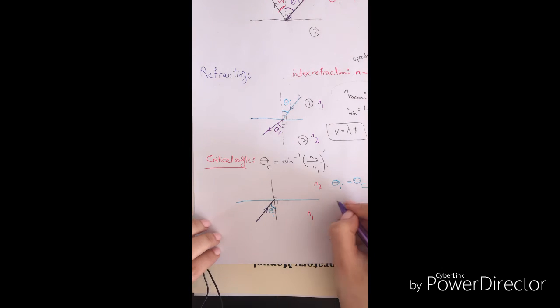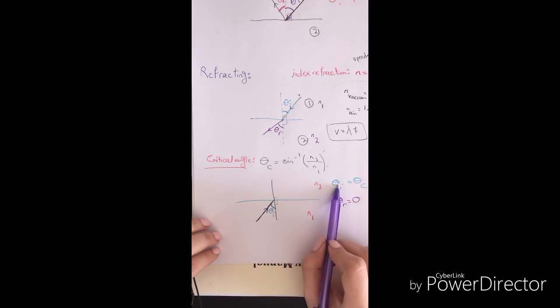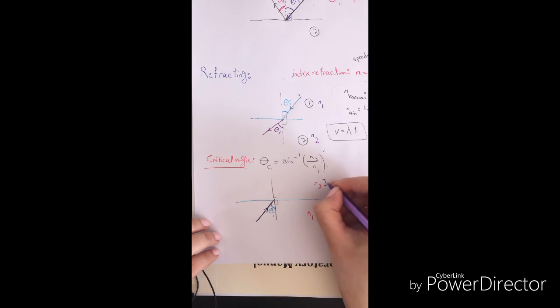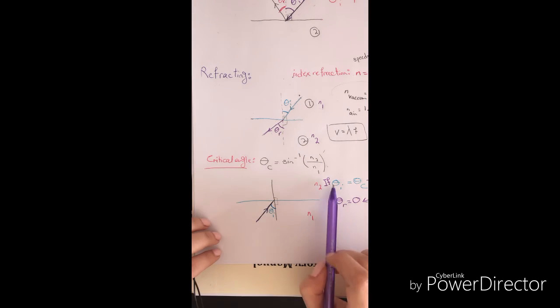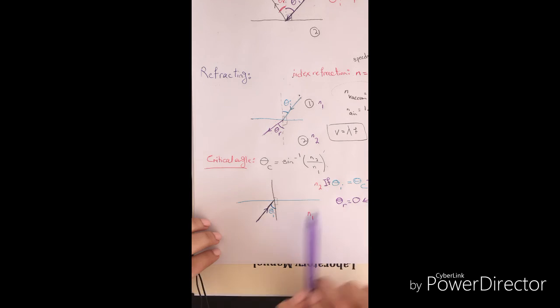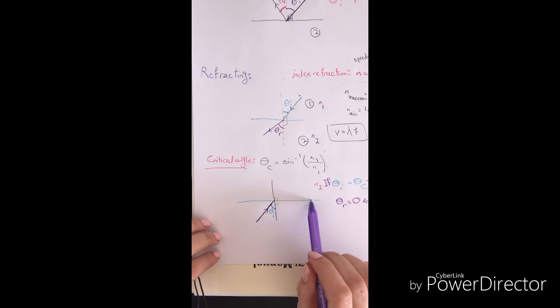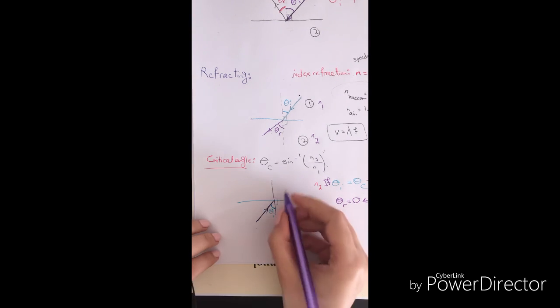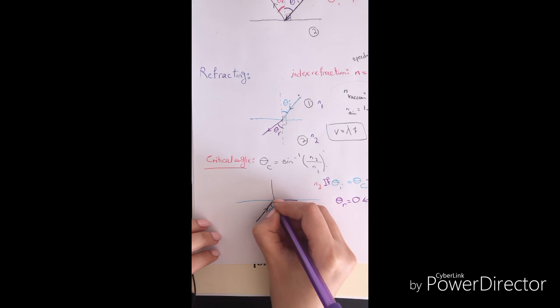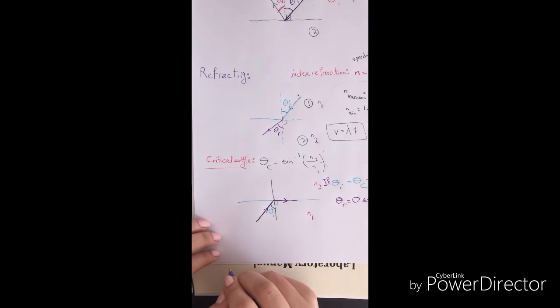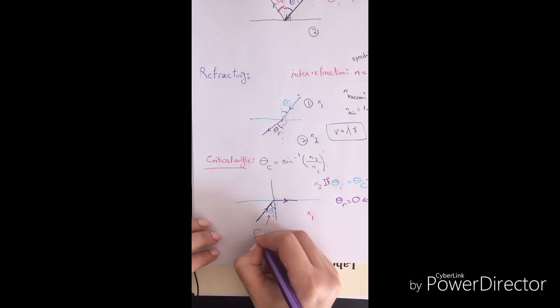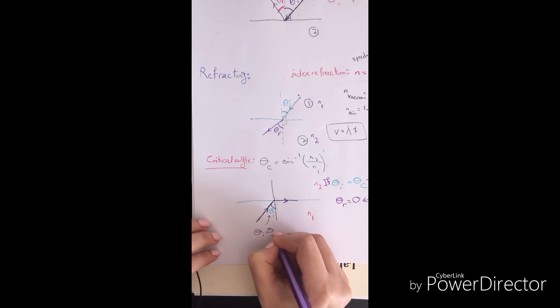Okay, so if the initial angle equals the critical angle, the refraction angle would be 0, which means the refracted ray would be parallel to the surface. So the refraction angle would be like this.